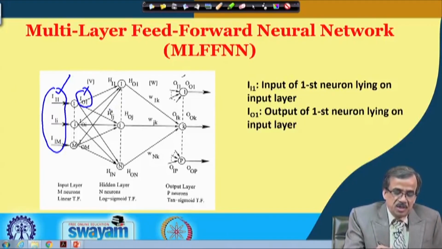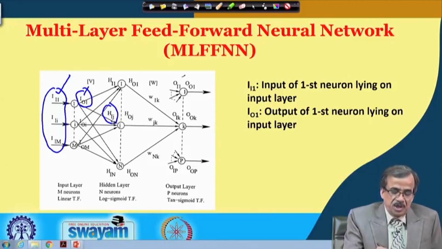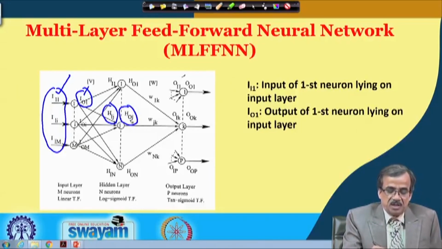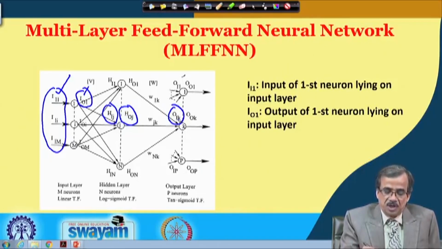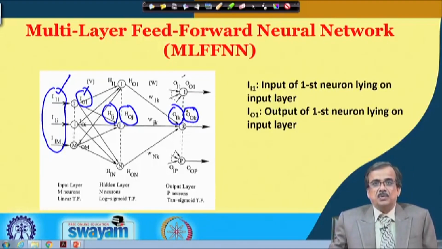Similarly, Hij is the input of the jth neuron lying on the hidden layer, HOj is the output of the jth neuron lying on the hidden layer, and Oik is the input of the kth neuron lying on the output layer, and Ook is the output of the kth neuron lying on the output layer.